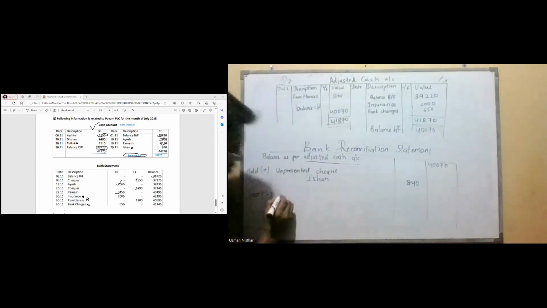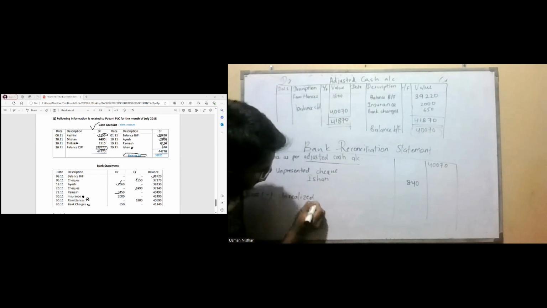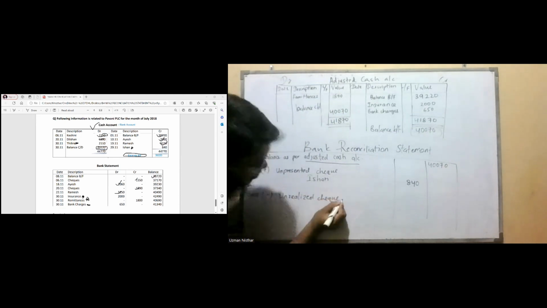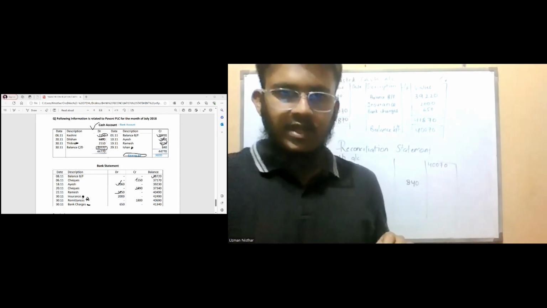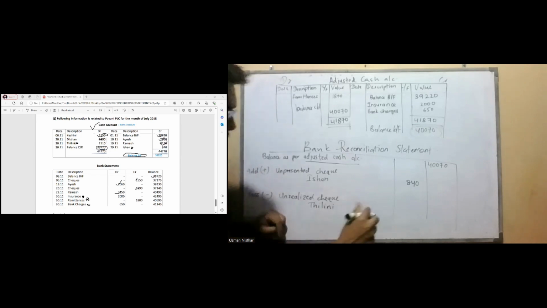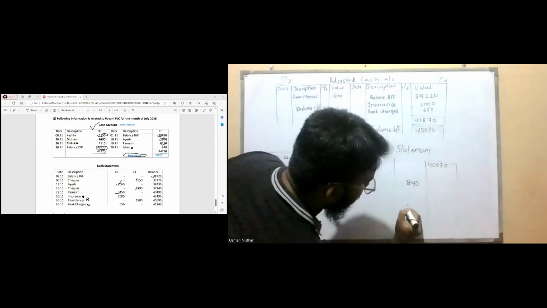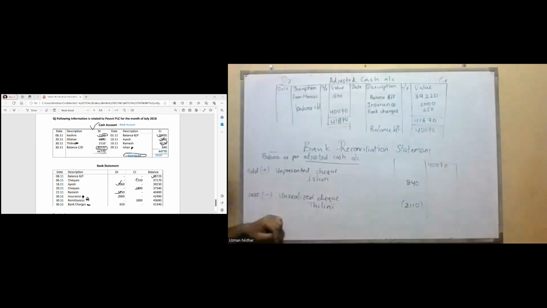And then unrealized check, on the debit side we have Tilini, 2,110. Be careful with this. Unpresented checks, we always add. Unrealized checks, we always subtract.